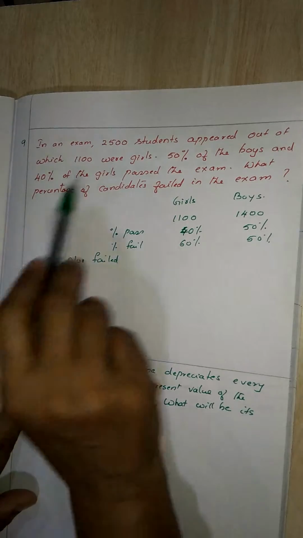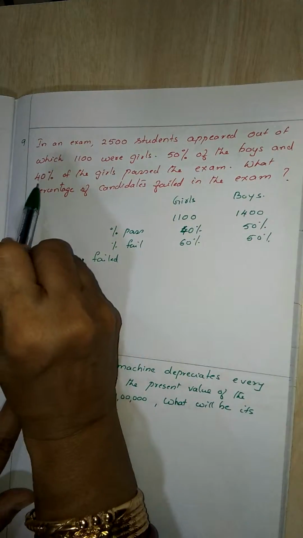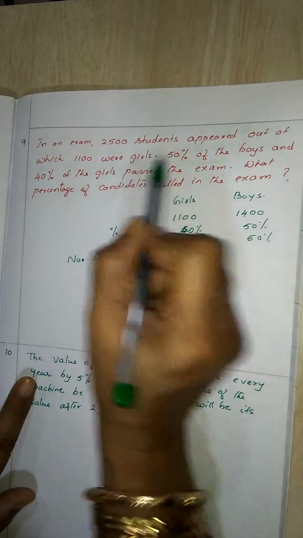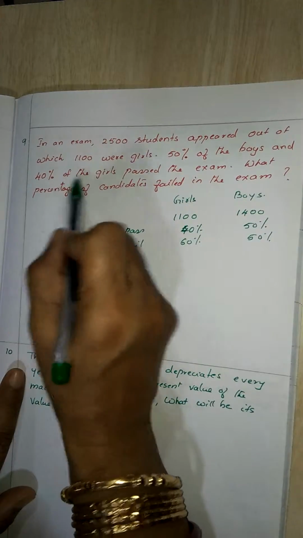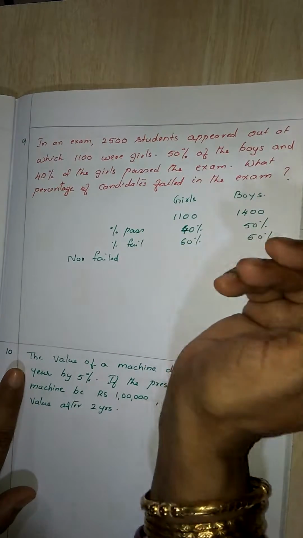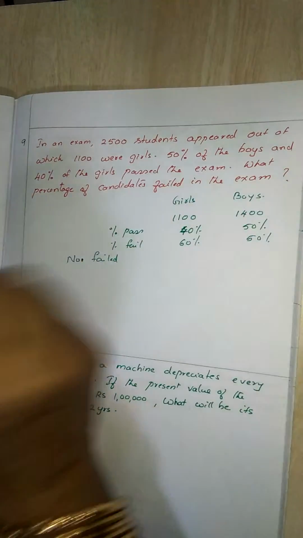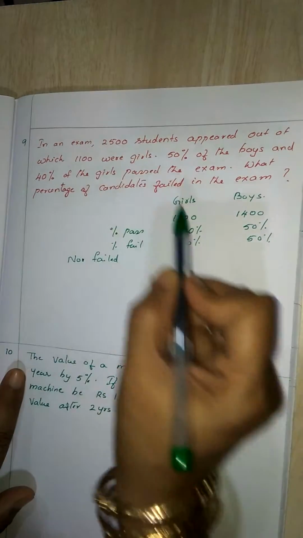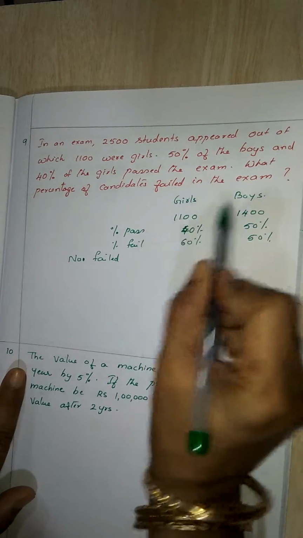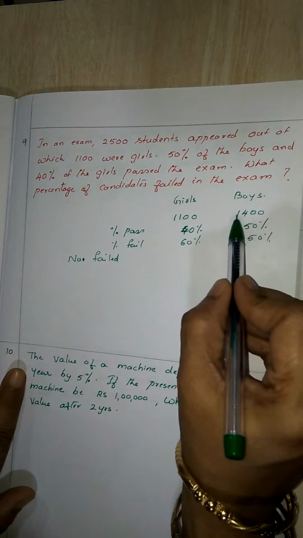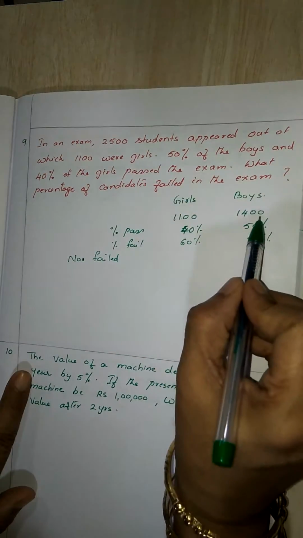In an exam, 2500 students appeared, out of which 1100 were girls. 50% of the boys and 40% of the girls passed the exam. What percentage of the candidates failed in the exam? So it is given 1100 are girls. So out of 2500, the remaining 1400 are boys.